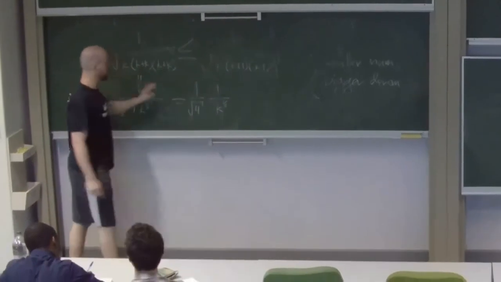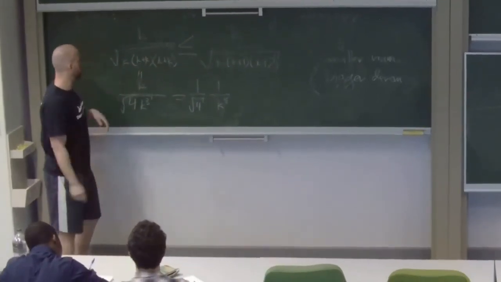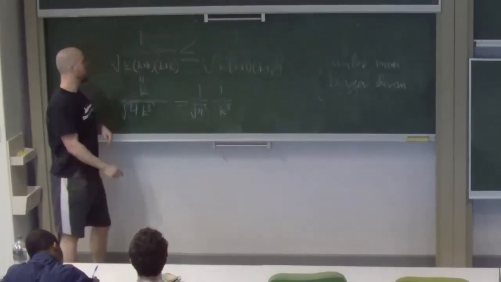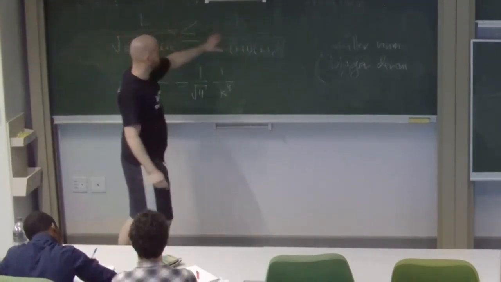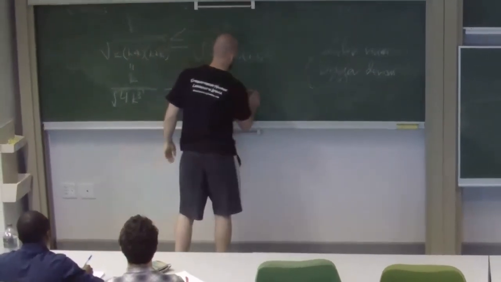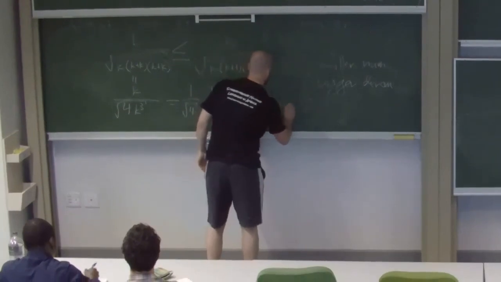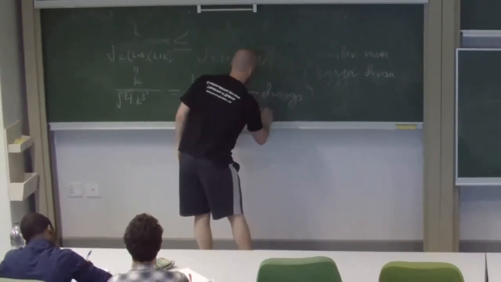This is a very rough estimate, but nonetheless, everything we've done is logically true. We just make this thing bigger, so we get this inequality. This diverges by p-series.